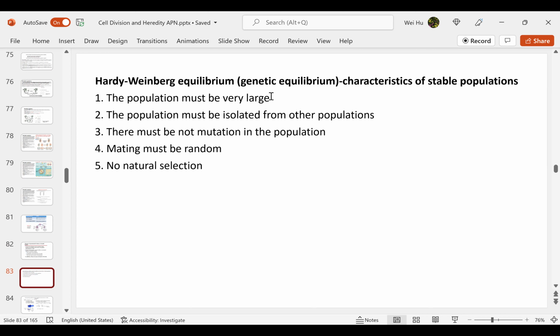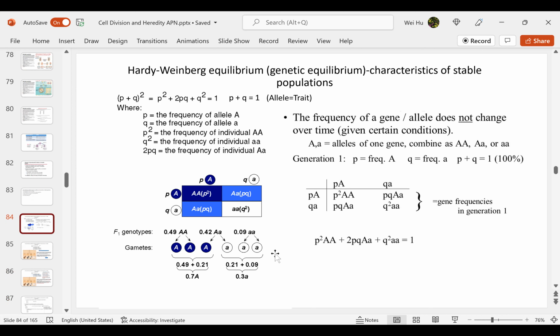Okay, so now let's understand this Hardy-Weinberg equation. So we talk about one gene. One gene must have 2 alleles. Any type of gene must have 2 alleles because your body cells are diploid, right? So your mom gave you one, your dad gave you one.